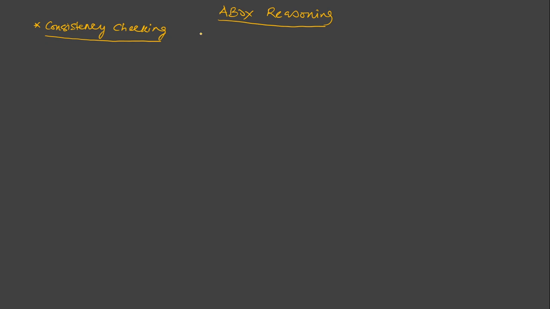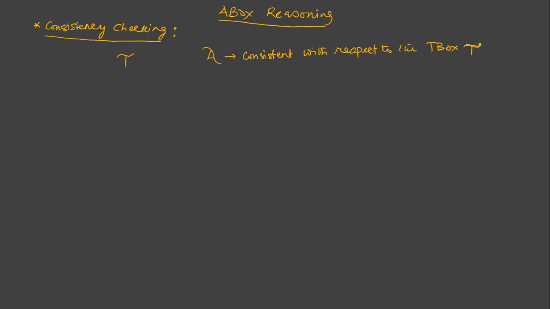Under consistency checking, we are given a T box and an A box. We need to say whether this A box is consistent with respect to the T box T or not.